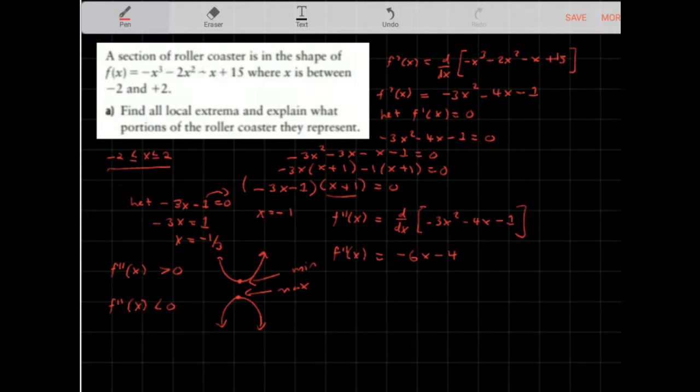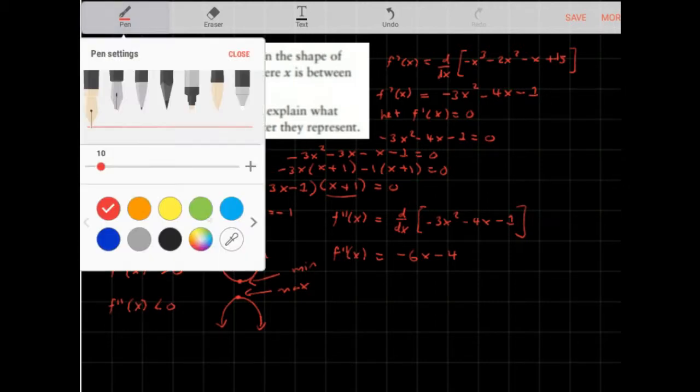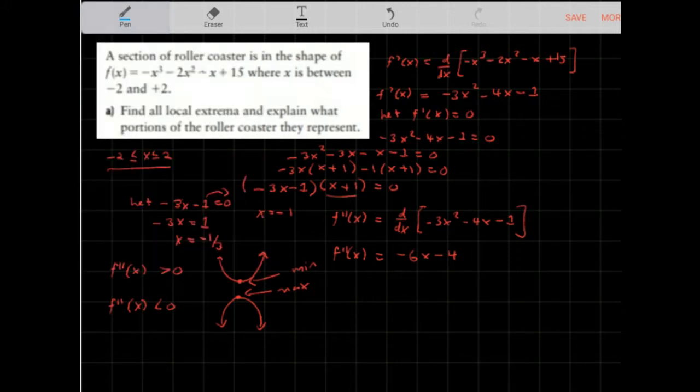And using my second derivative function, I'm going to test both of these points. Let's use a different color this time. So I'm going to do f double prime of negative 1/3. You get negative 6 times negative 1/3 minus 4. And you can notice here that this is 2 minus 4, which is negative 2, which is less than 0. So f double prime of negative 1/3 is less than 0.